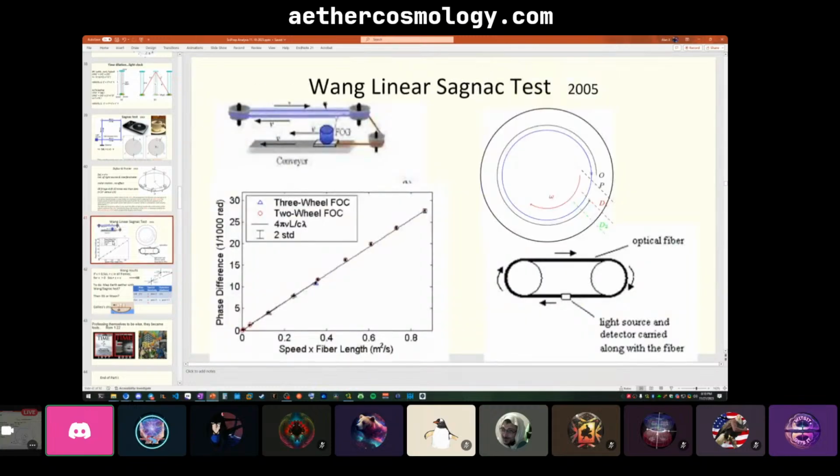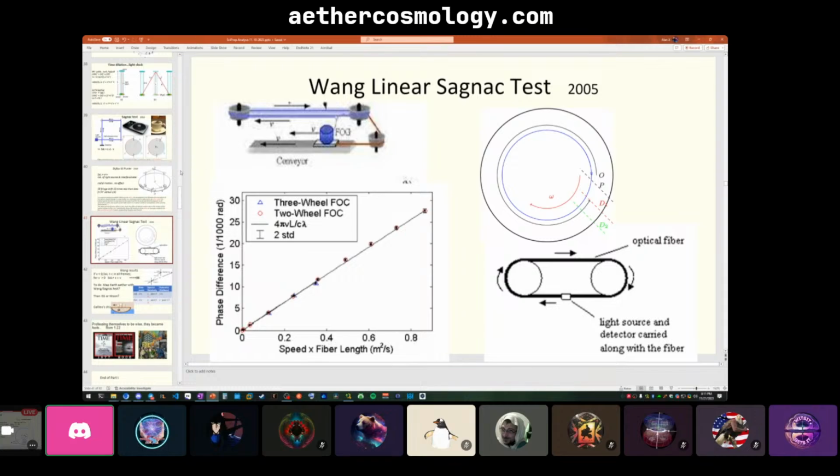So what that means is that the speed of light c must be measured relative to the ether. If the ether is at rest, if you're in the ether frame, then you measure c. And if the ether is moving and you are in the ether frame of reference, you also measure c.